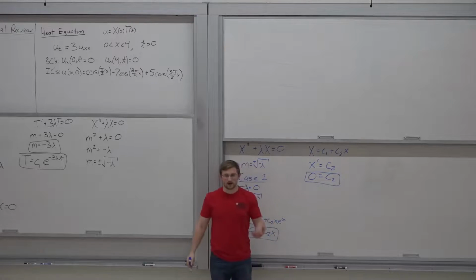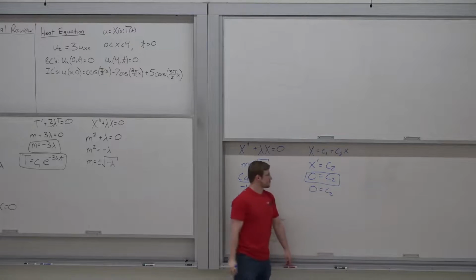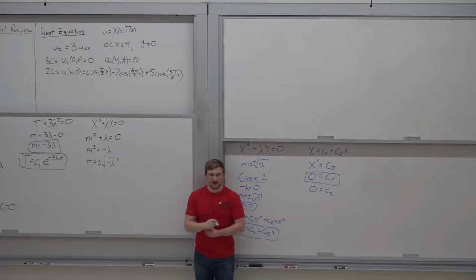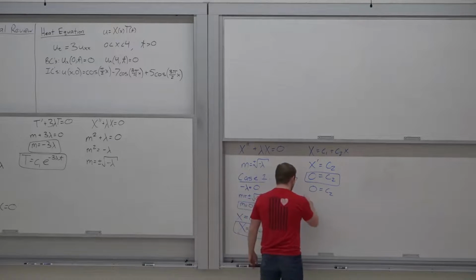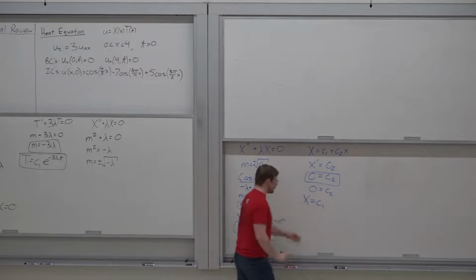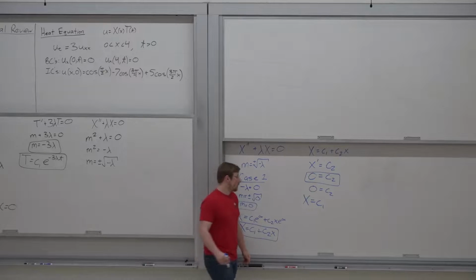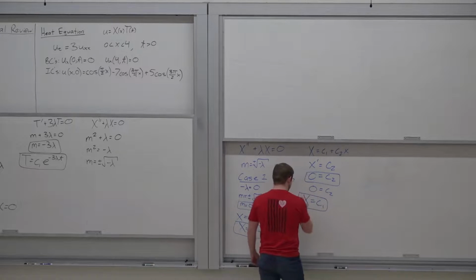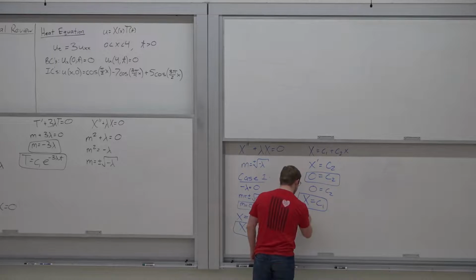And then when I plug in my second boundary condition, I also get 0 is equal to c2. So I found out that c2 is 0, but I found nothing out about c1. So what that means is that I do have X is equal to c1. It can be some arbitrary constant c1. And this represents an eigenfunction, because I did get a possible answer for my capital X.